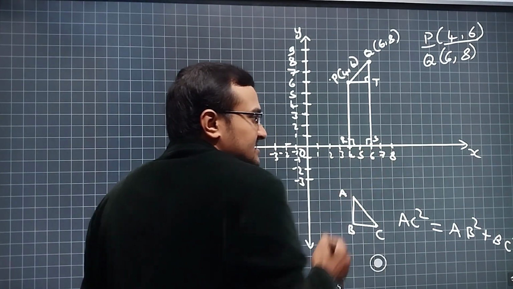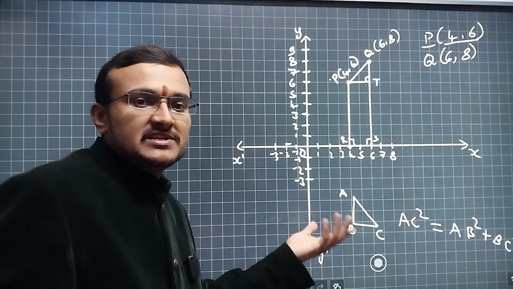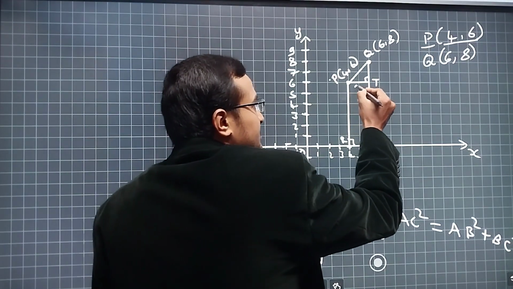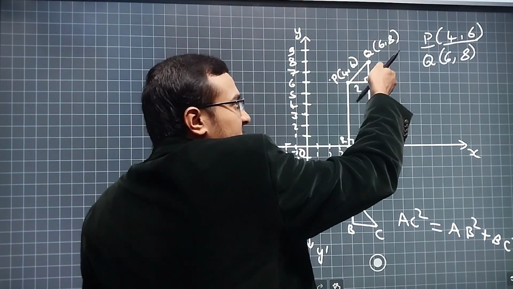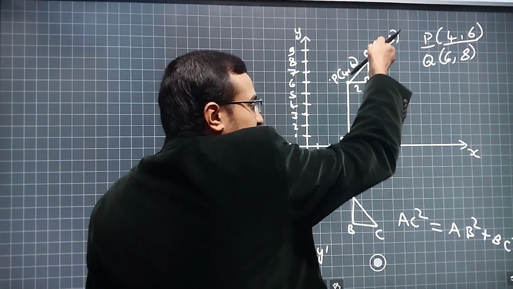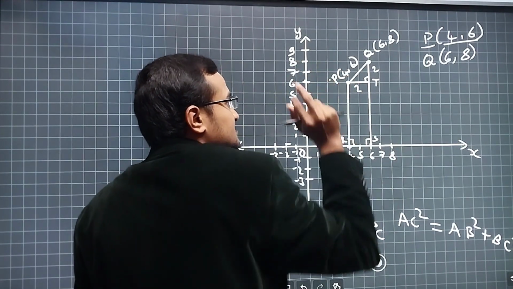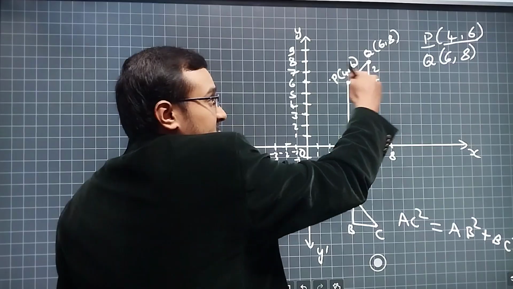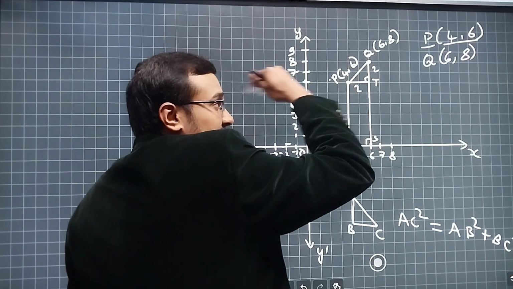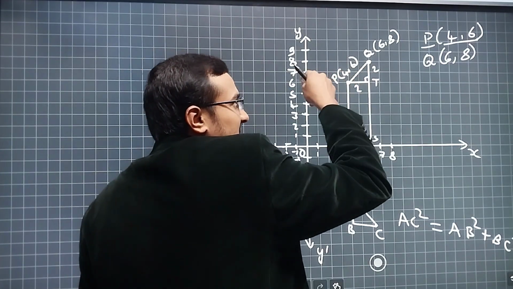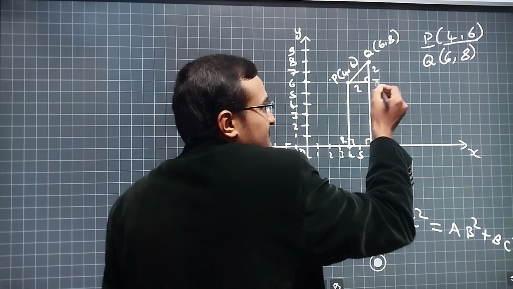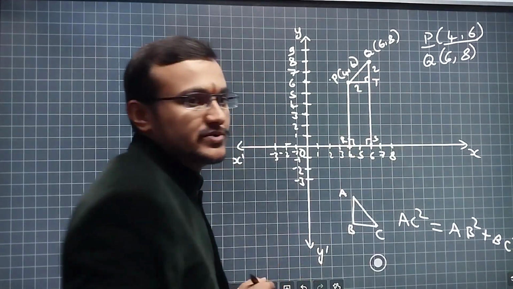R is at 4, S is at 6, so 6 minus 4 will give you 2. So PT is 2 units. QT will also be 2 units because QS is parallel to the y-axis, so that is nothing but 8 minus 6. PT is perpendicular to the y-axis, so T will have this 6 as the y value. So QT is 2 units.